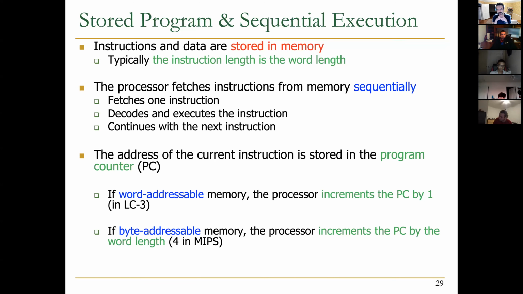In byte addressable memories like MIPS, since each word is basically 4 bytes, again, 32 bits means 4 bytes, the program counter needs to be incremented by 4 at every single iteration.